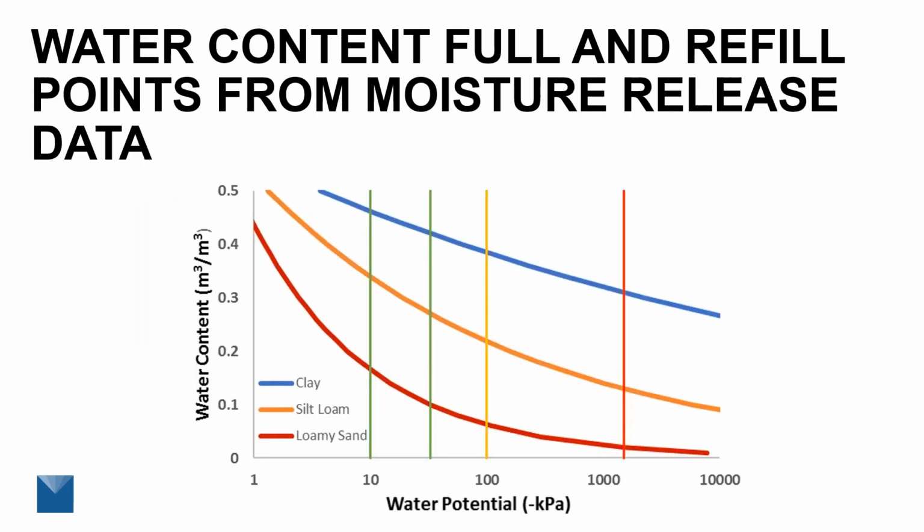Here are those same moisture release curves that we talked about earlier, showing the field capacity range where the green lines are here, the lower limit that we normally would set for an irrigated crop, and then a permanent wilting point down here.